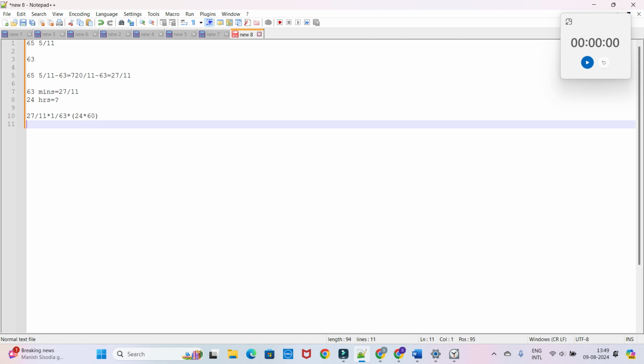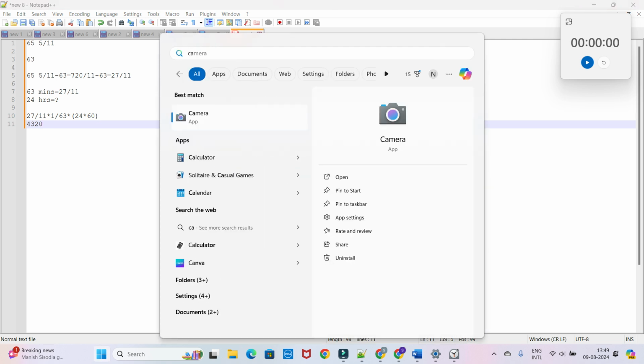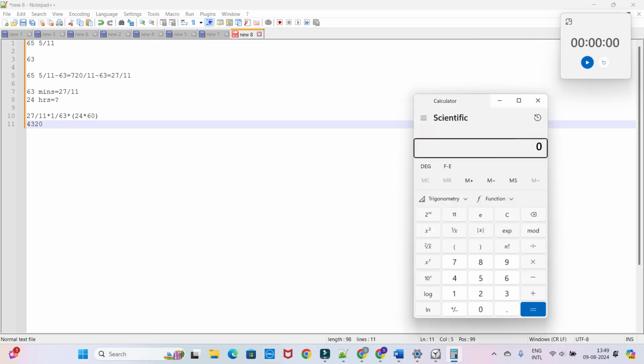If you solve this, 27 into 24 into 60, that would give somewhere around 4320, like you can see in the calculator as well. 27 into 24 into 60, divided by 11, divided by 63.